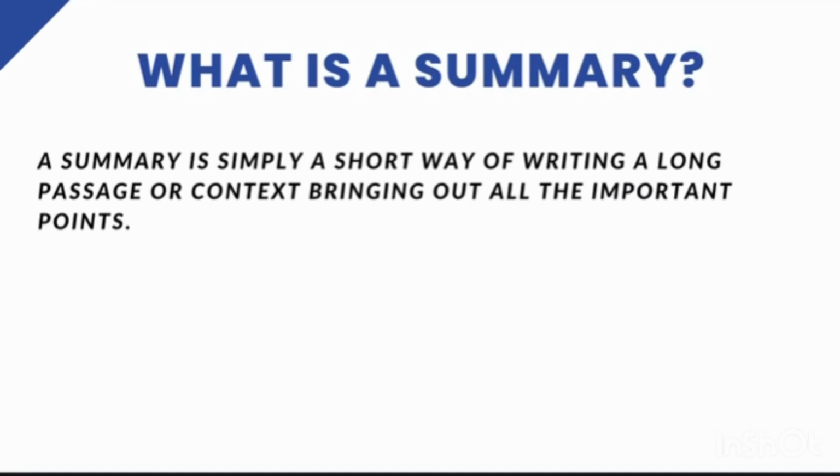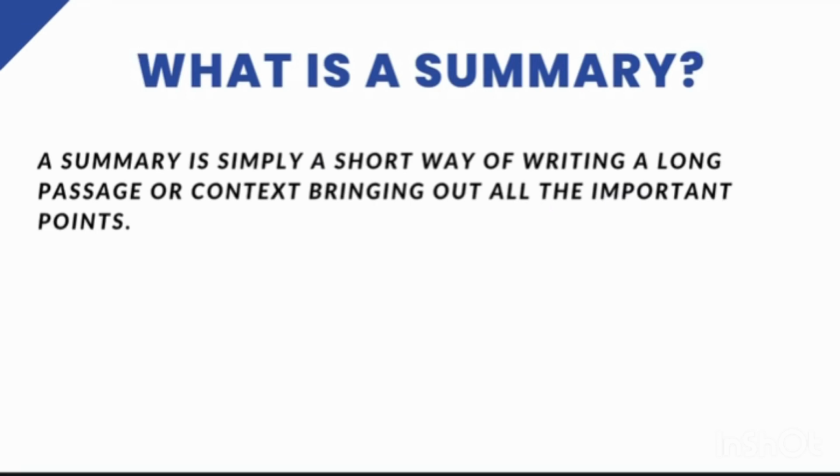You will be given a context which may be taken from politics, science, and other things. As long as it is a context, what you just need to do is develop the skill of understanding different contexts based on different topics. You will be required to extract the important points only, according to the question that you will be given. That is a summary.